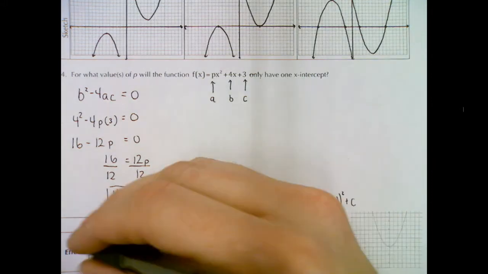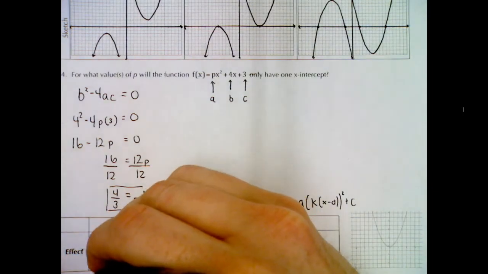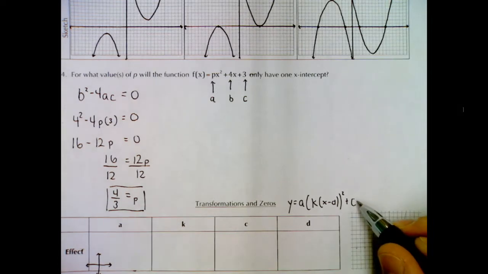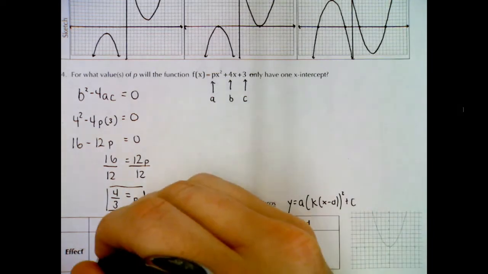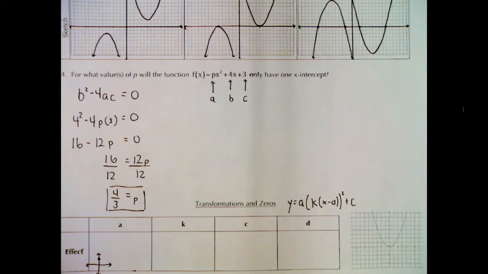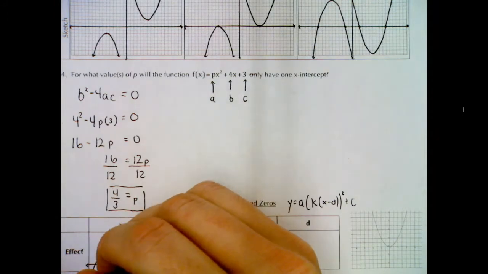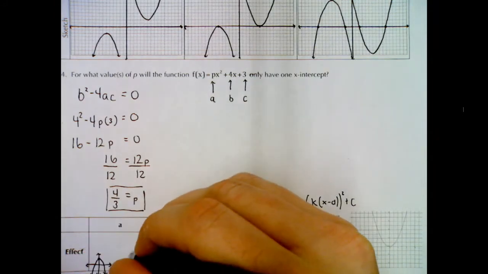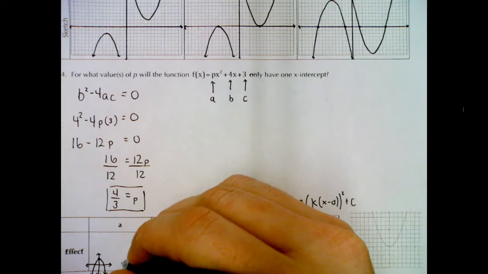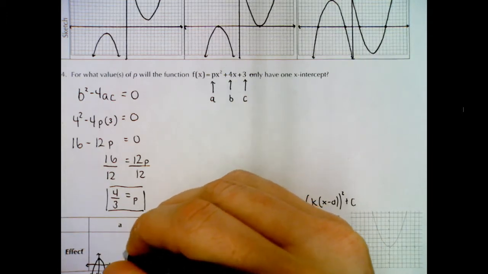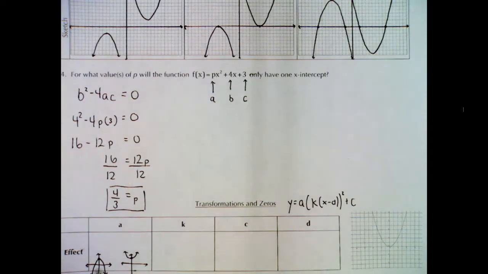For example, say our graph had a C value that was positive, and our vertex was up here. And if it was reflected upside down, we'd have 2 x-intercepts. If it wasn't reflected upside down, we would have no x-intercepts. So the reflection, or the direction of opening, can make a significant difference.